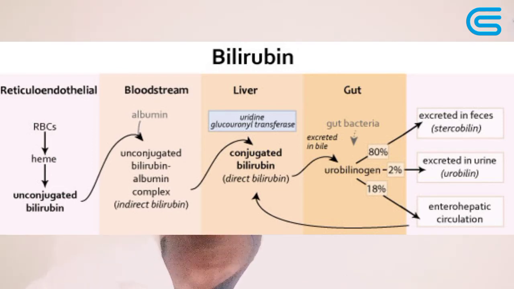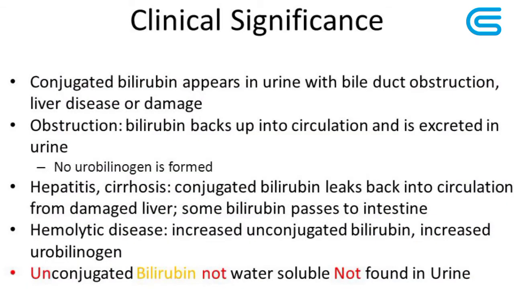So the detection is very helpful in differential diagnosis of jaundice. So in acute viral hepatitis, bilirubin appears in urine even before jaundice is clinically apparent. The presence of bilirubin in urine indicates conjugated hyperbilirubinemia or obstructive hepatocellular jaundice.